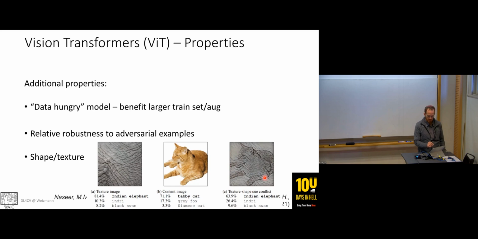But if we mix a cat with a texture of elephants, convolutional neural networks would usually prefer to give a classification based on the texture, while transformers do not necessarily have this bias toward texture. They will also look at the shape of things, which is a nice property.